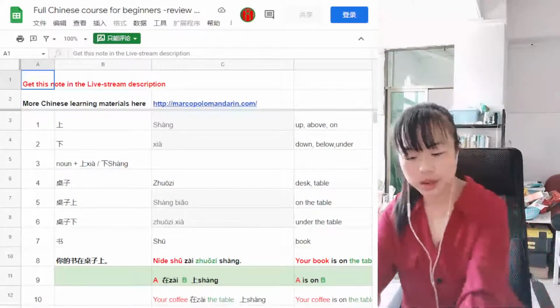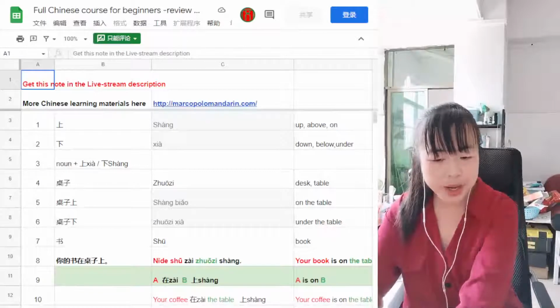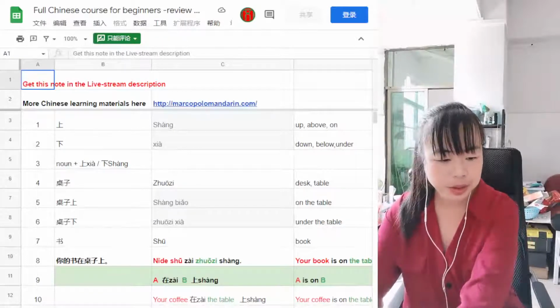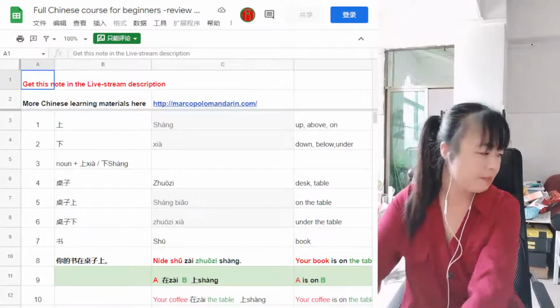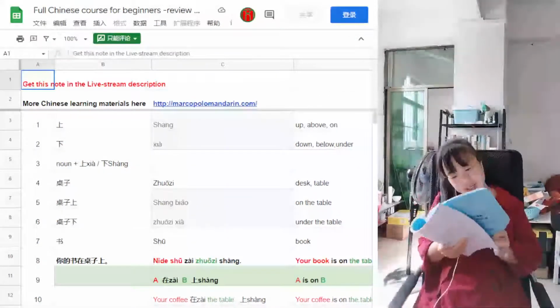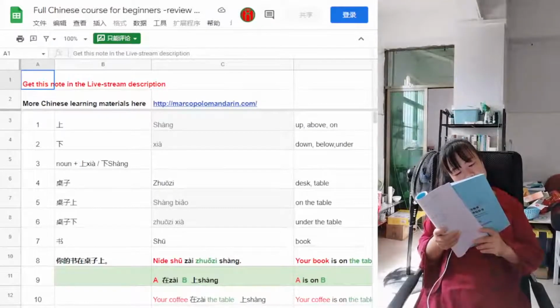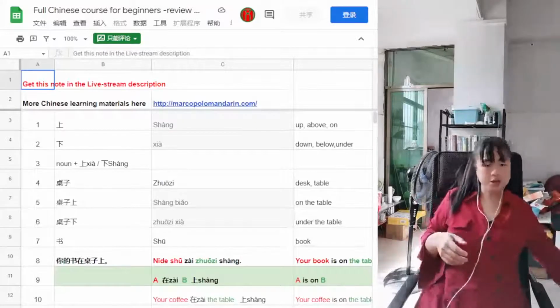Okay, so mostly in a sentence, we are likely to use 东边、西边、南边、北边. According to the HSK list, this will be the last few patterns that we need to learn about the directions at the HSK1 level.